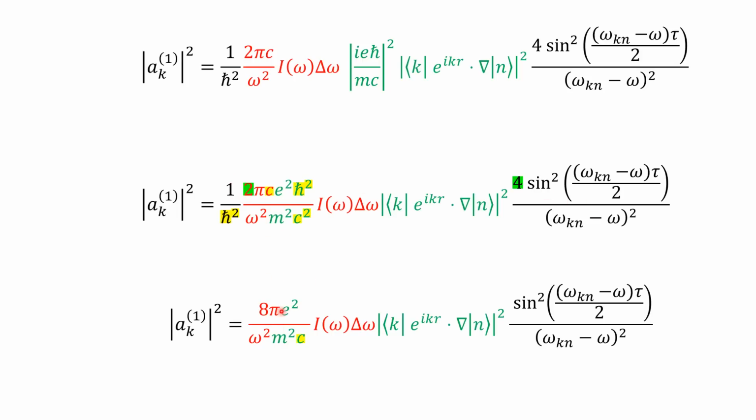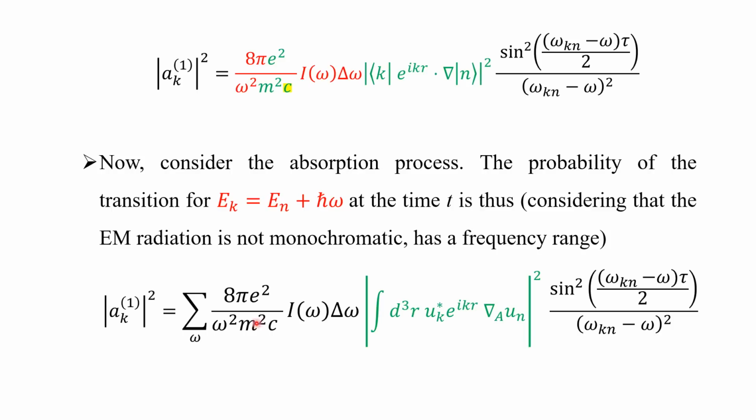This pi e squared, because h cross squared will get cancelled. In the denominator, you will get omega squared m squared c, because this c squared will get cancelled with this c. Remaining thing I have written as it is, except this 4 I have brought here. Finally, we got this expression.